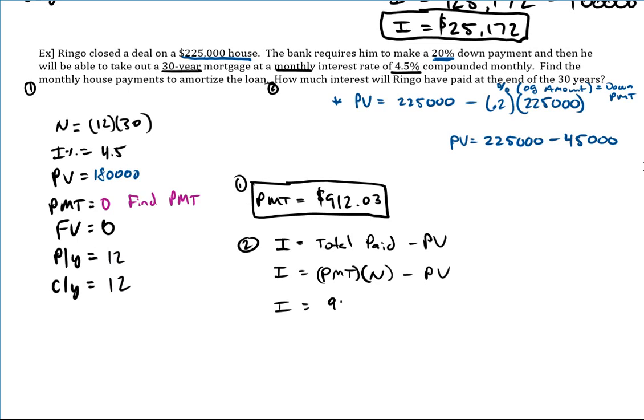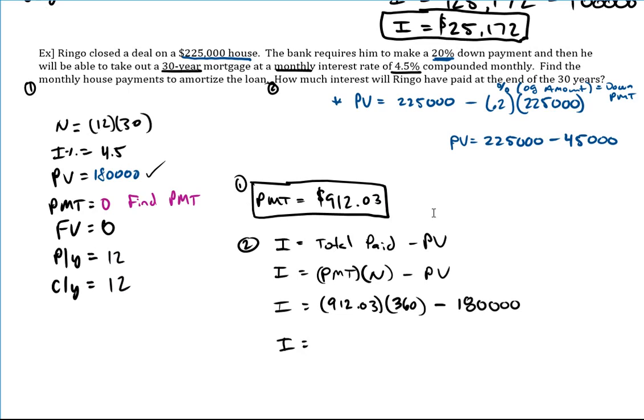So we'll substitute those in. Our payment we found from step 1, $912.03. Our number of payments was 360, so that's 12 times 30. And then minus the present value. The present value is this one. Remember, don't use the original price of the house. It's only on what the loan is on. The original house we paid off a little bit right away, and now we're paying the rest off.